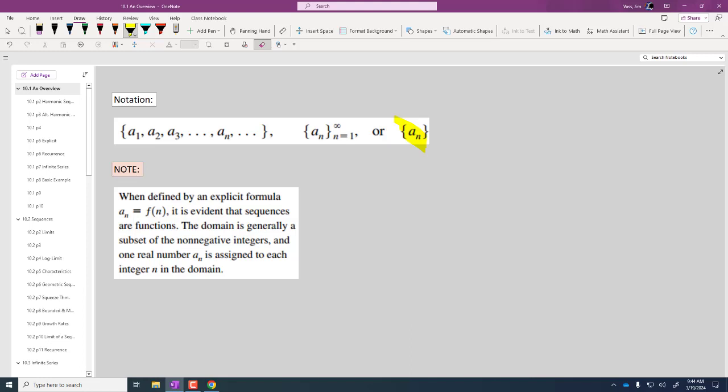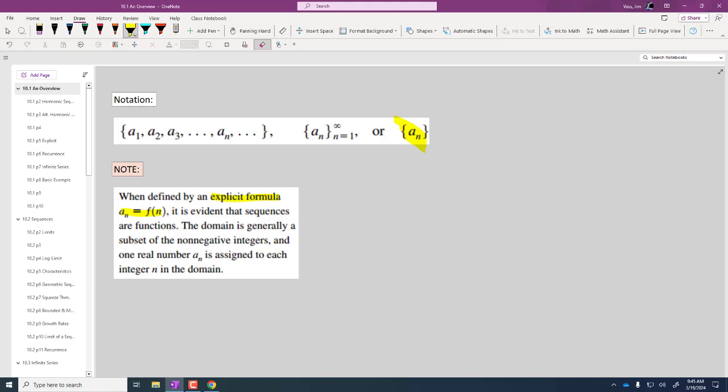Now, when we think of this explicit formula method to create the terms in a sequence, there's our function right there. It's a function. The big difference between these functions and other functions that we have looked at in this class is that these sequence functions are discrete, not a continuous curve, because we are putting in positive integers.